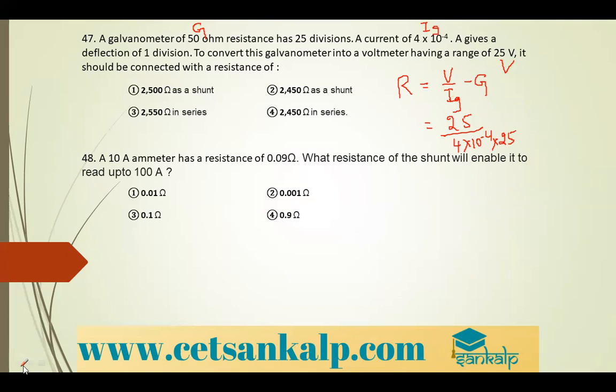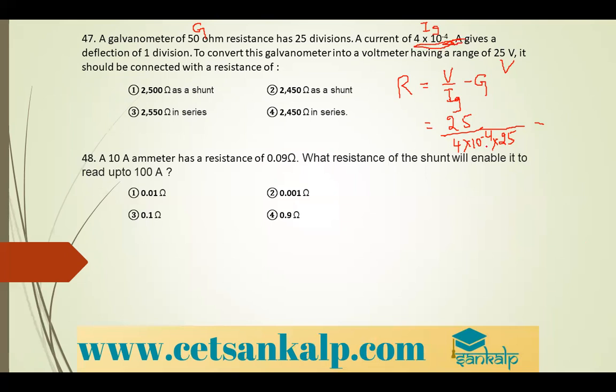Once again, I'll read the question. A galvanometer of 50 ohm resistance has 25 divisions. A current of 4 into 10 to the power minus 4 ampere gives a deflection of 1 division.